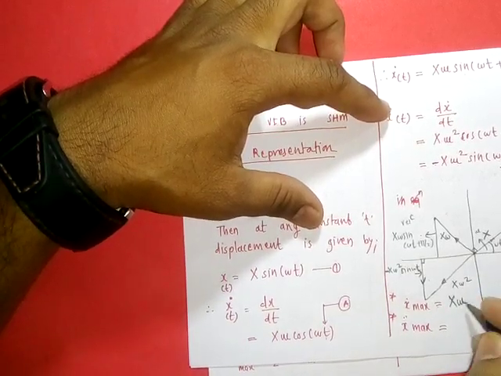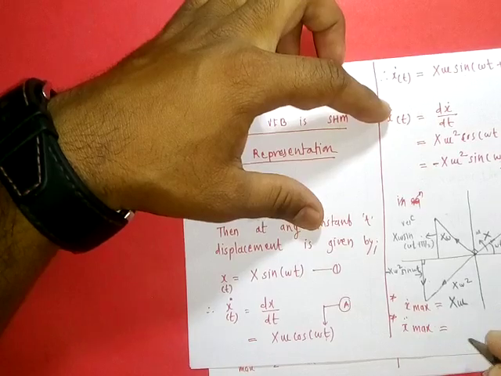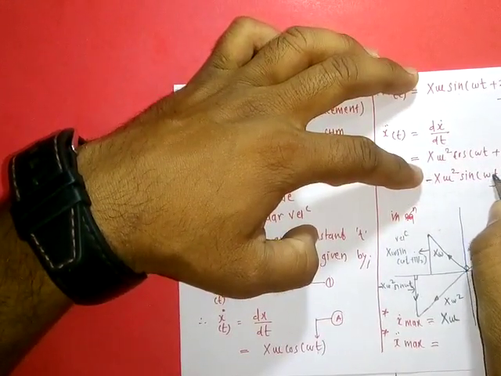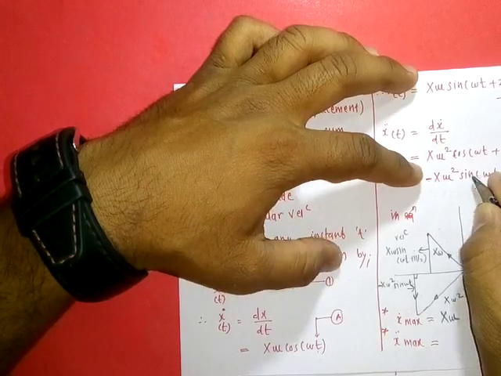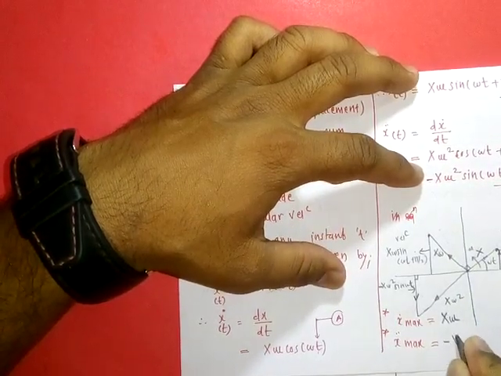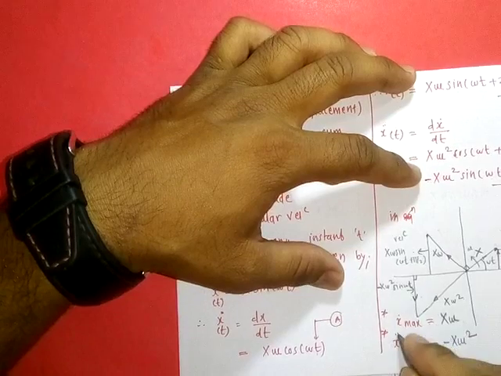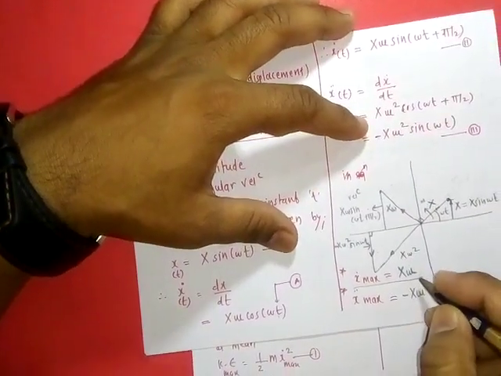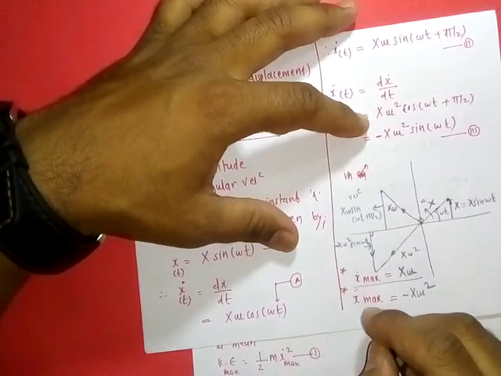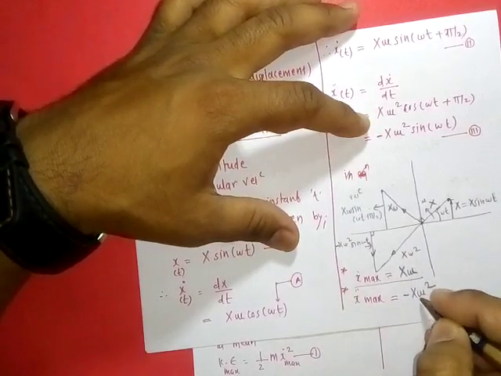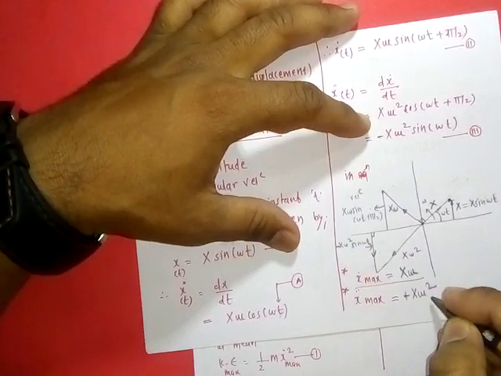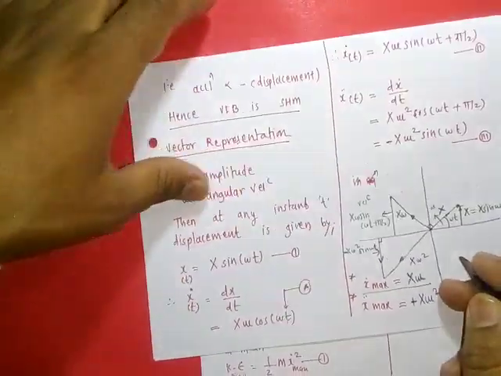Acceleration maximum will be when theta is equal to 90 degree, that is minus x omega square. So maximum velocity is amplitude into angular velocity, and maximum acceleration magnitude is amplitude into angular velocity square.